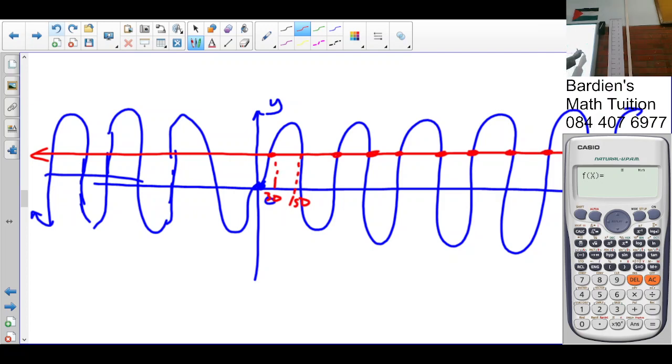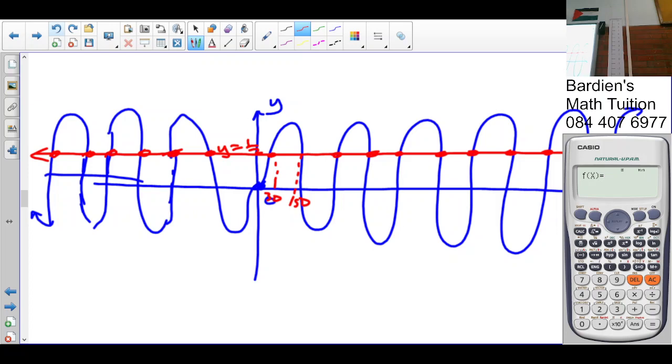So what do you notice? How many times will this graph be cut to infinity? An infinite amount of times. Not so. It will carry on. As long as that graph carries on, this line y equal to half will cut that graph till infinity. Not so. So if you go in this direction, it will also happen and will go to negative infinity.